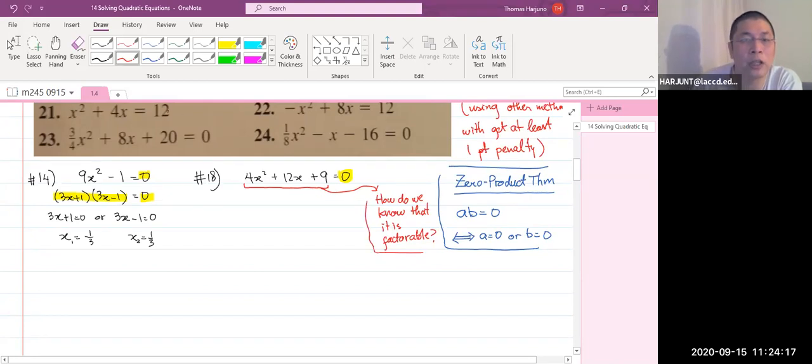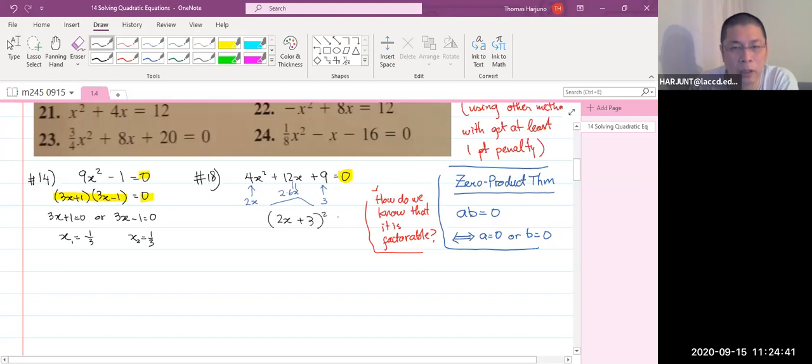If you look at this, for example, you see the base here is 2x, and the base here is 3. The product is 6x, and when I double it, it matches 12x. So it must factor as 2x plus 3 squared equals 0.